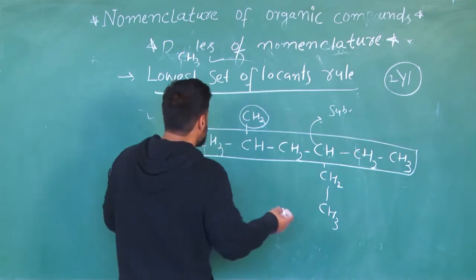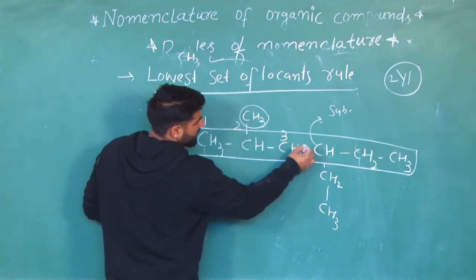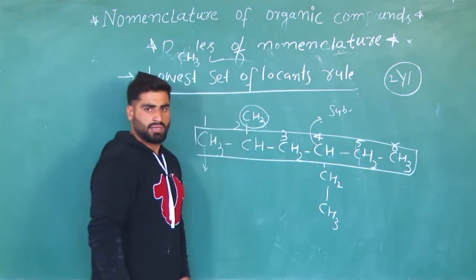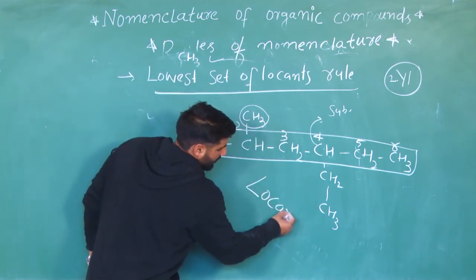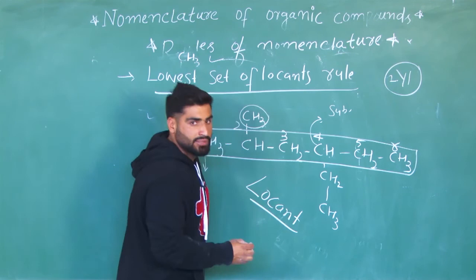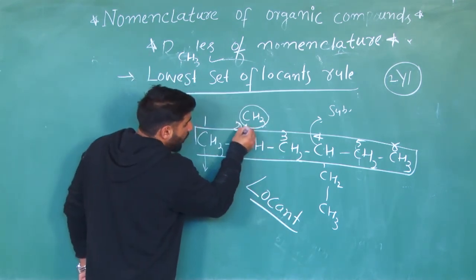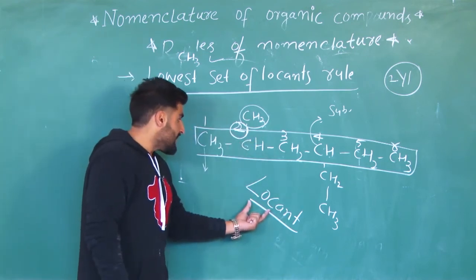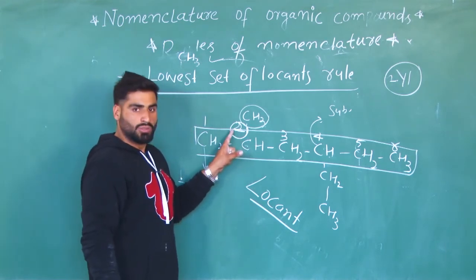Now, suppose I number this carbon chain 1, 2, this carbon is 3, this carbon is 4, this is 5 and this is 6. Very important term: what is a locant? Locant, location. The number indicated on the substituted carbon is known as the locant. So what is the locant of this carbon? 2.